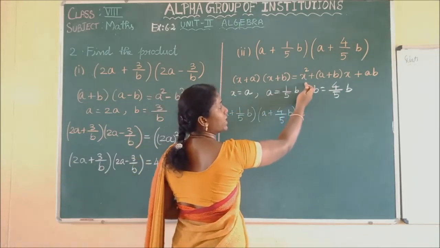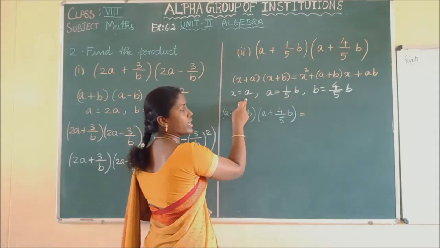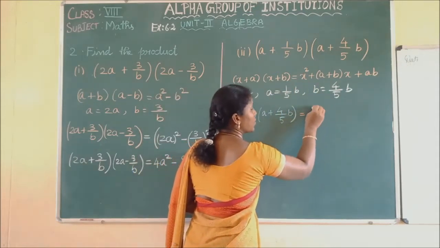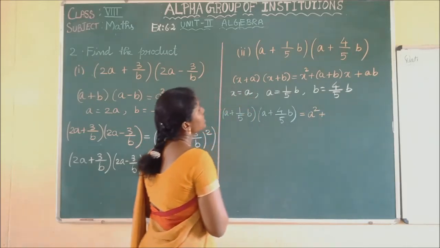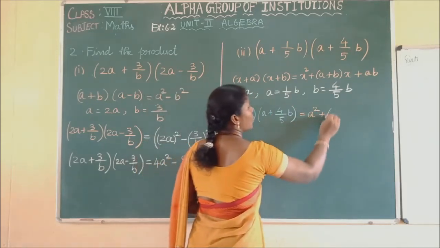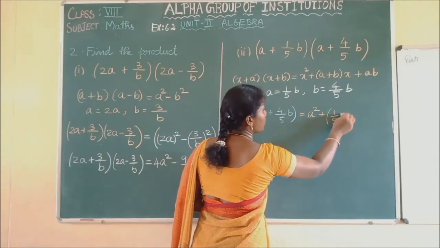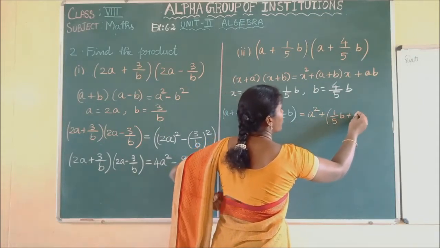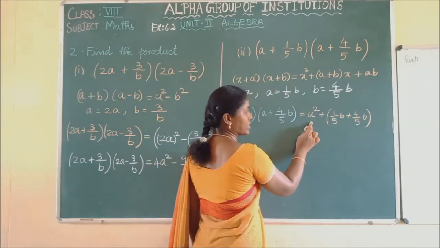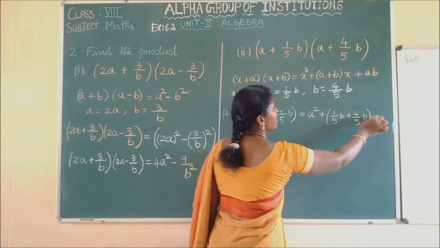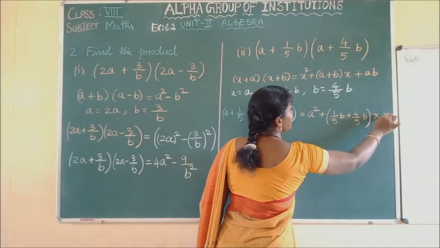Now what is the first one? x square. x we are having the element a, so a square. Then plus (a plus b). What is a plus b? What is a? 1 by 5 into b plus 4 by 5 into b, into x, plus ab.